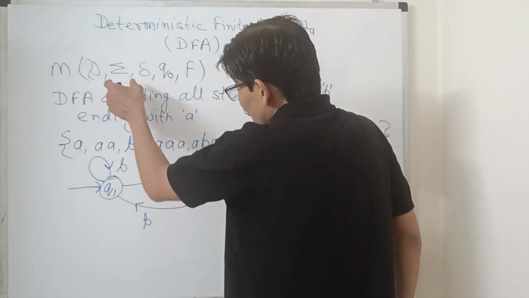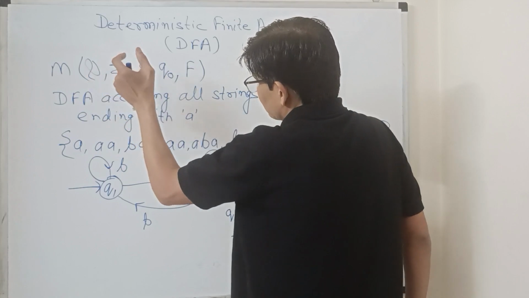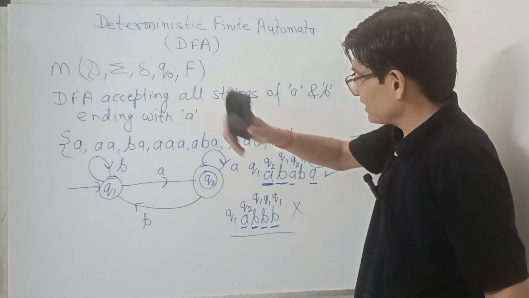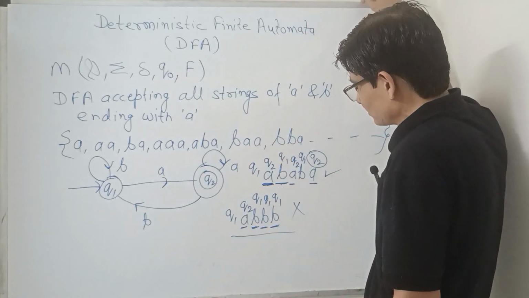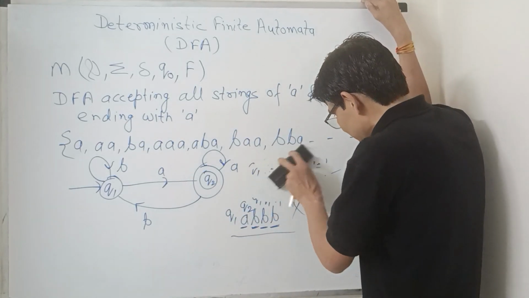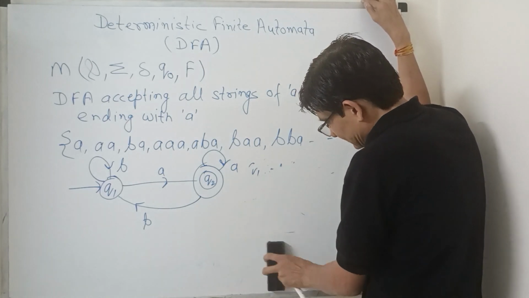Out of these five tuples, four are sets and one is the initial state. So we will define it in set form now.